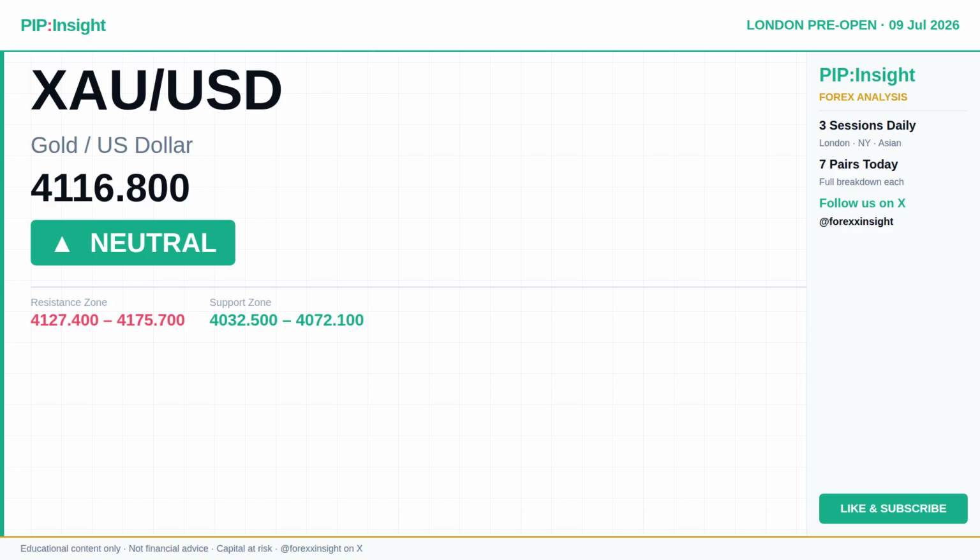Here's why it's complicated. The H4 structure is still technically in a downtrend following that sharp drop from the $4,187 highs down to the $4,032 lows earlier this week. However, the Asian session staged a respectable recovery, reclaiming the H4 EMA cluster sitting between $4,111 and $4,113.